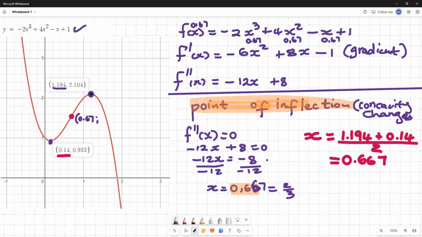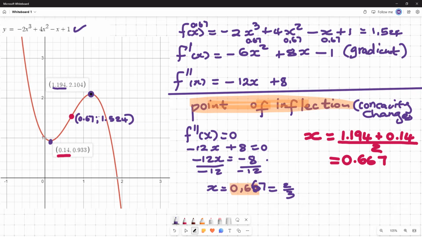That gives us 1.524. So the y value on the point of inflection is 1.524, or you can just say 1.52, right?